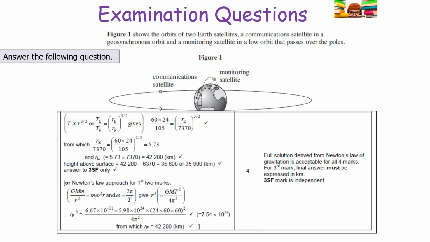You can say that t is directly proportional to r to the power of 3 over 2, or you could say t squared is directly proportional to r cubed, same thing. So what you can therefore say is that you can ratio the two. So you can say that TE, time period of the Earth, divided by TP, time period of the probe, is equal to RE, the radius of the Earth, divided by RP, the radius of the probe's orbit, all to the power of 3 over 2.